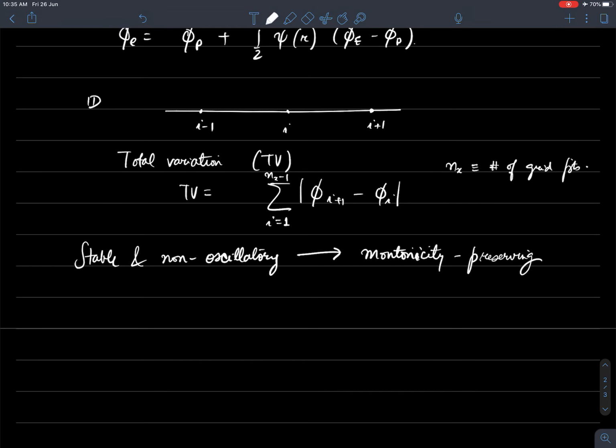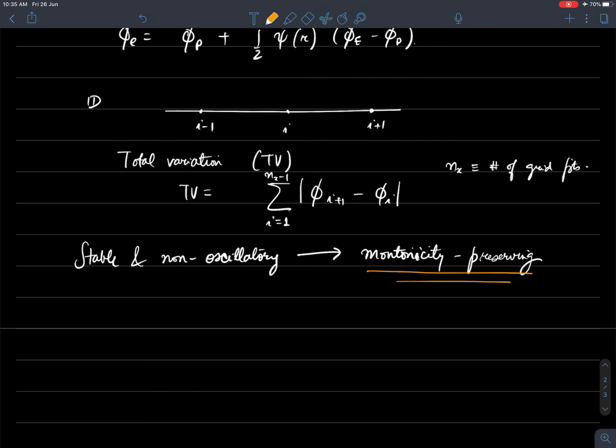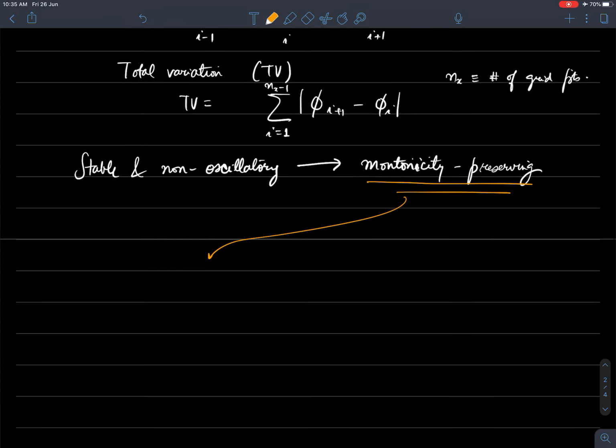Now, in simple terms, what monotonicity preserving means is that the scheme should not create new undershoots and overshoots in the solution.